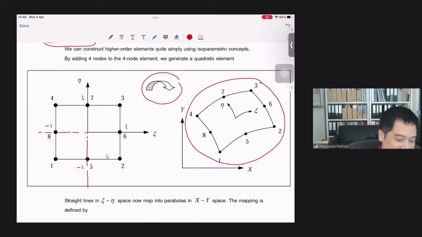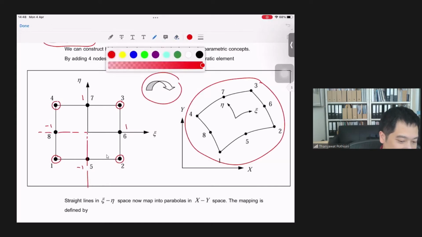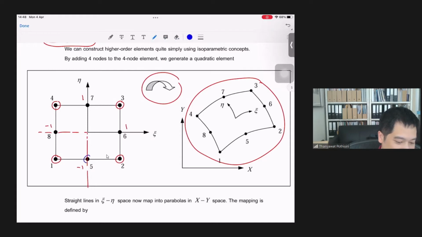Okay, and we're going to number the nodes of the element like this: 1, 2, 3, 4, and then 5, 6, 7, 8 like this. Okay.